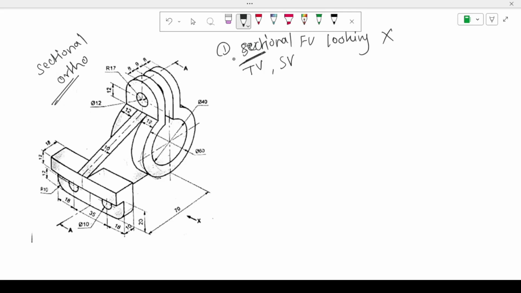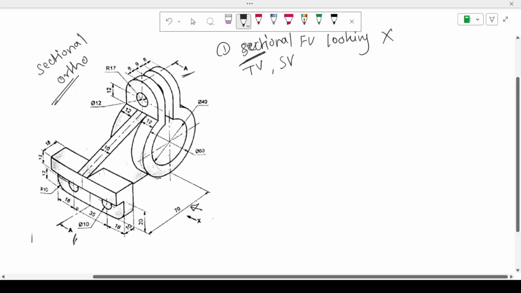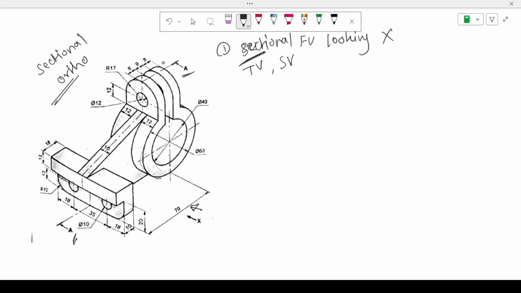So sectional front view looking in the direction X means what? This is the X direction. This A and A is the cutting plane. You have to imagine that our imaginary cutting plane is cutting this object by this direction and by this line. So sectional orthographic projection means what?